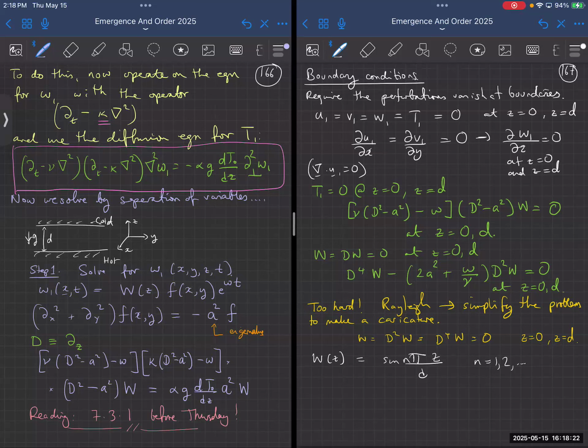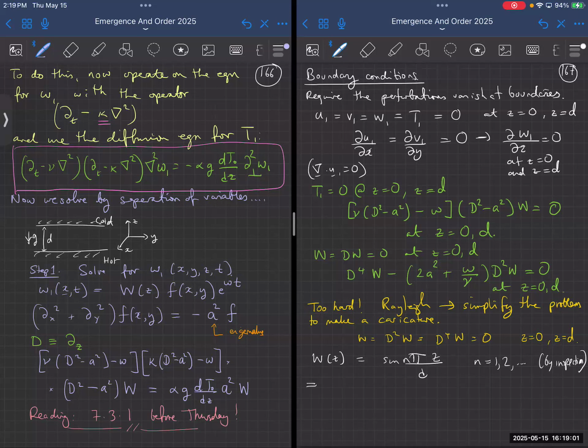And if this is going to be the behavior, then we now have the governing equation to determine the rest. I'm going to just write the solution down. If this is true, this is a solution of the governing equation and the boundary conditions. We can say by inspection, but you could do it more formally if you wanted.